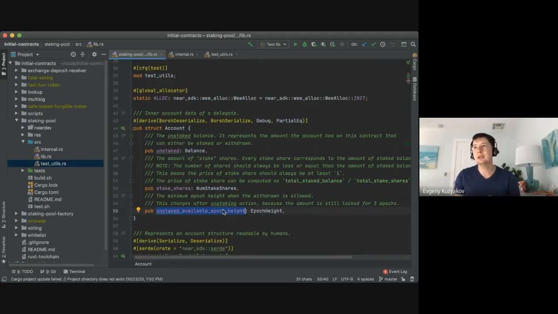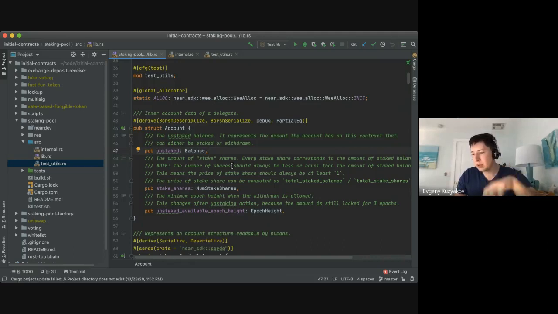You need to wait 3 epochs. We remember at which epoch height you called the last unstake action, and after, in theory, 3 epochs your balance will become unlocked and you should be able to withdraw from unstaked.